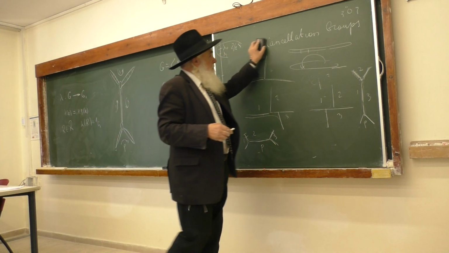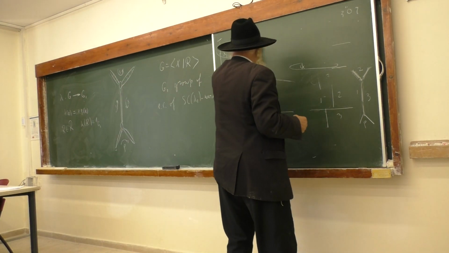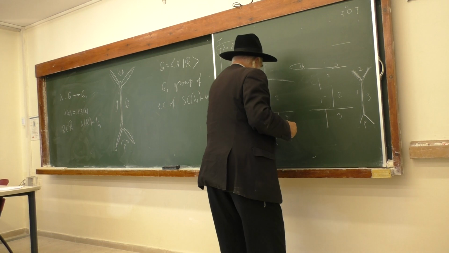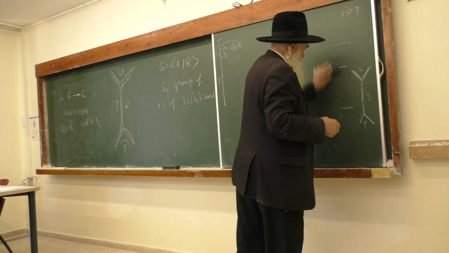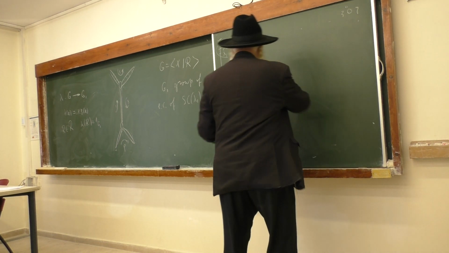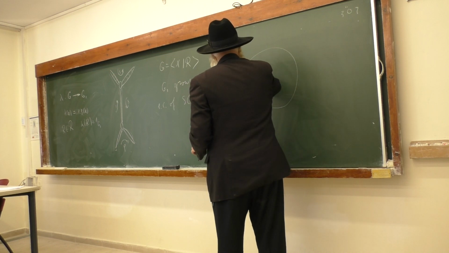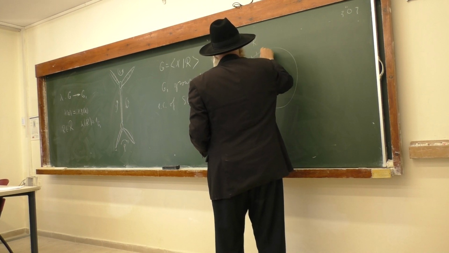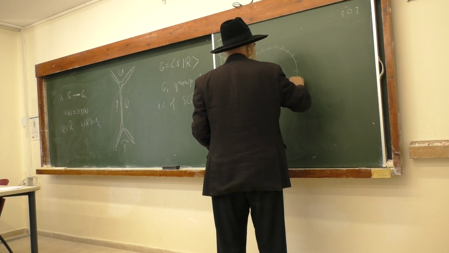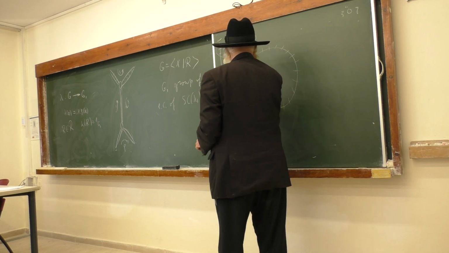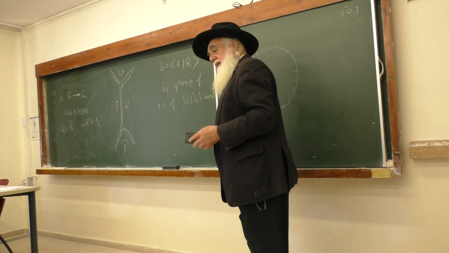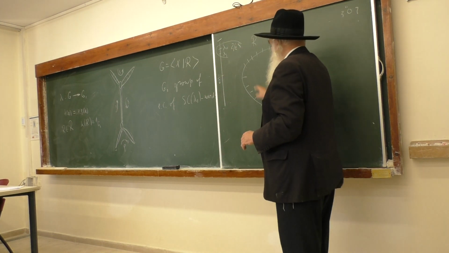So we have the word R. The word R, after all, is composed of letters. Then we try to multiply.